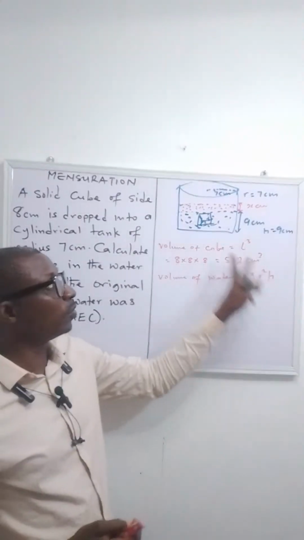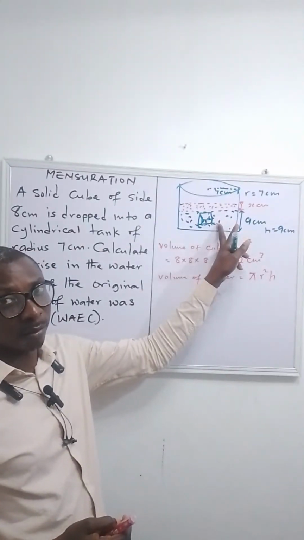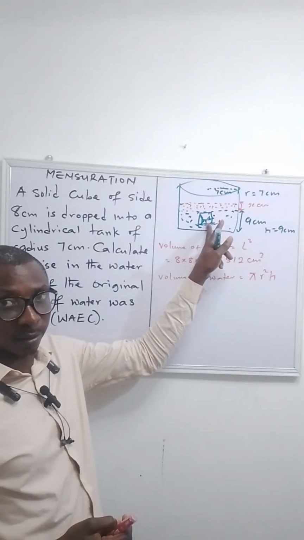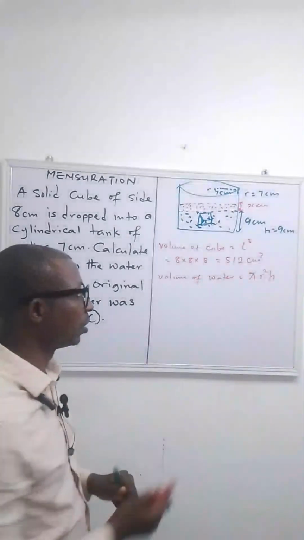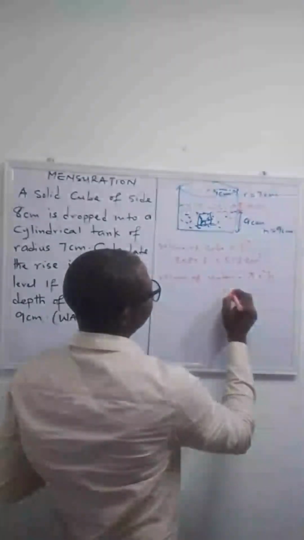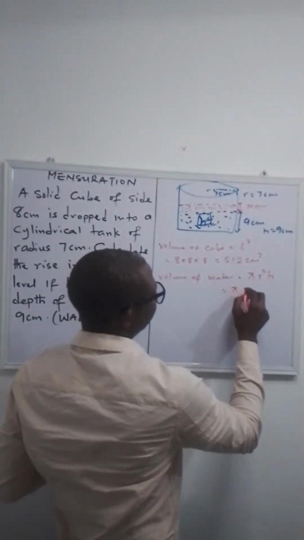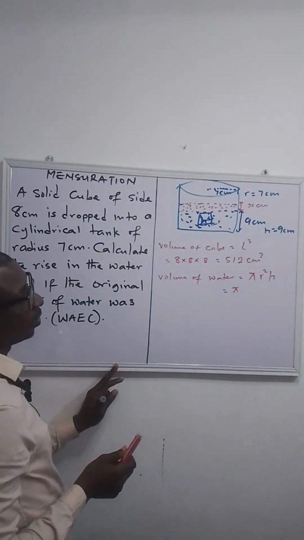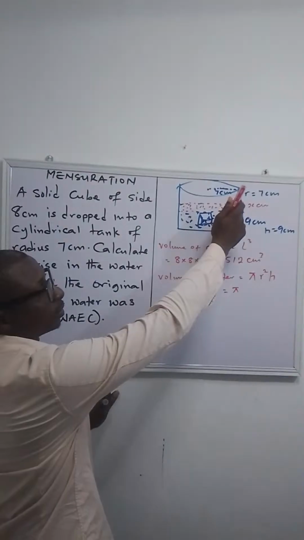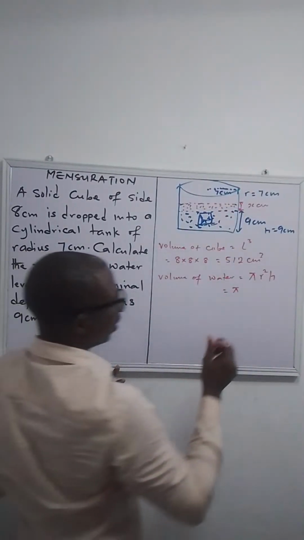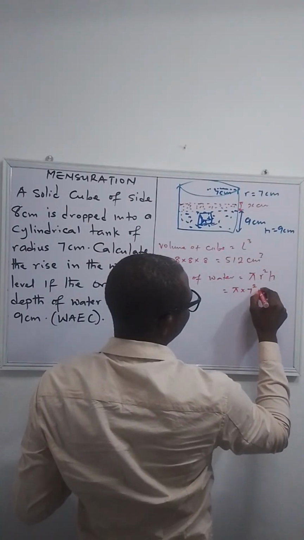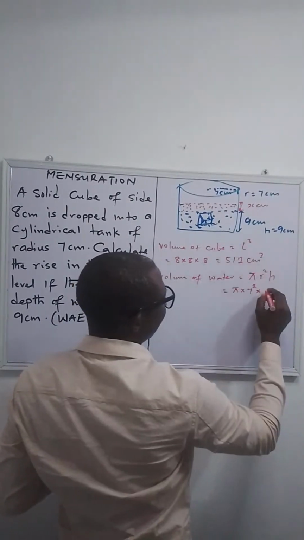This is the volume of the water inside the cylinder before dropping the cube inside. So we have pi times r, and r has been given. What is the radius of the cylinder? That is 7. So we have pi times 7 squared, times the height, which is 9.